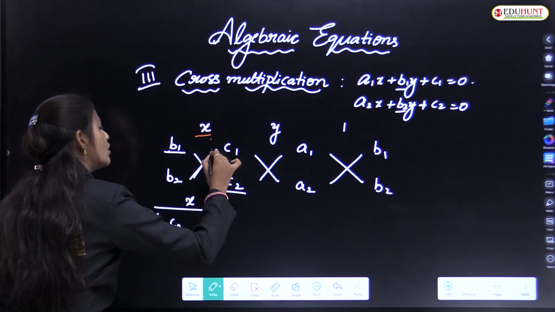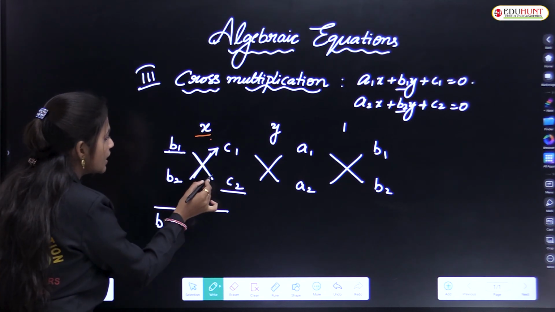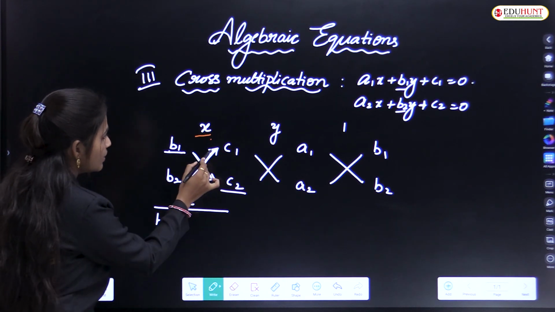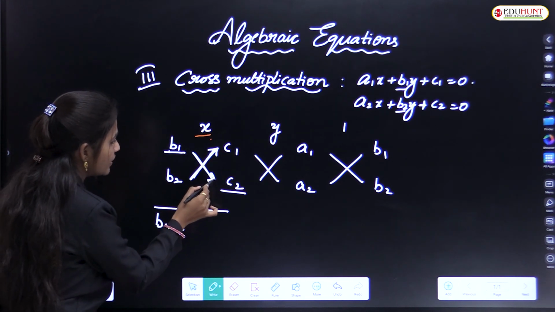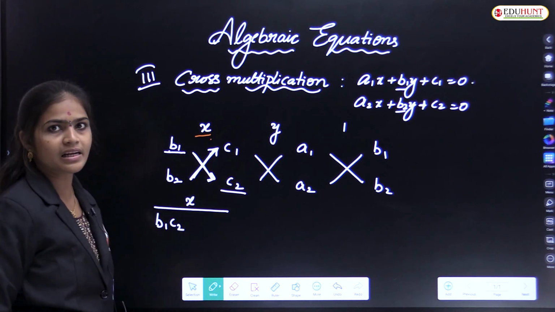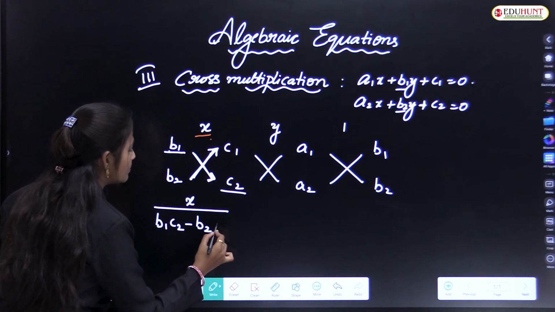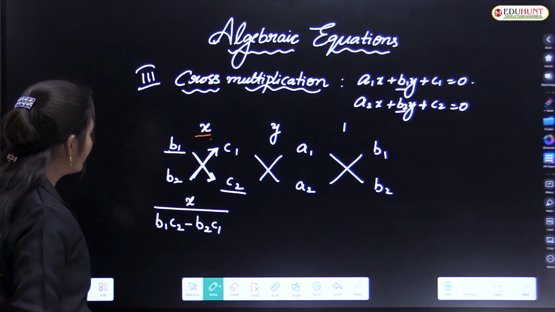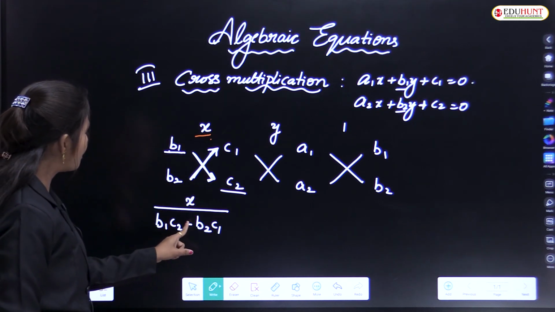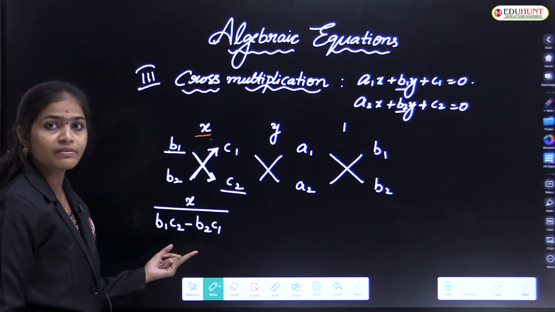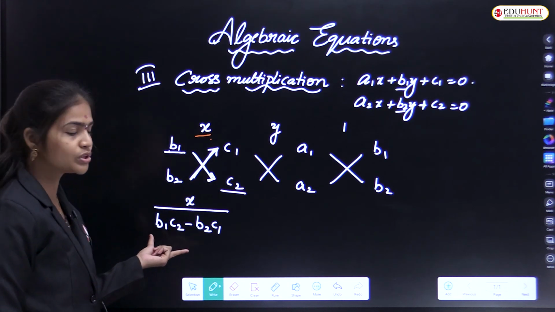Next, in this order we have to take: first in this way, next in this order. Just observe that both arrows are on the same side. Next, b2 c1. So b1 c2 minus b2 c1, this is the formula for the x coefficient.